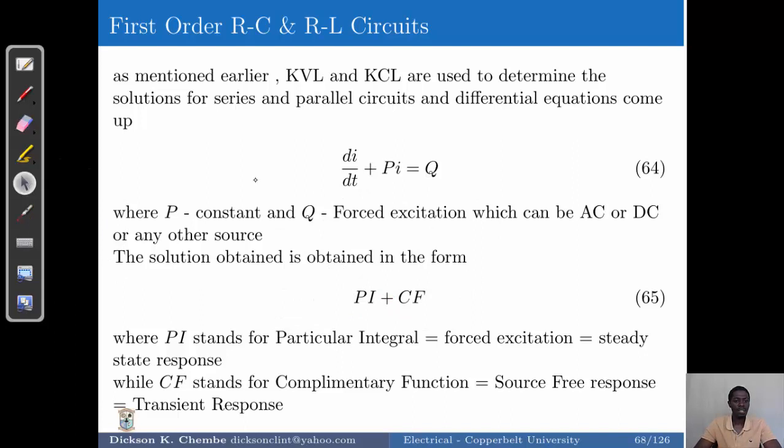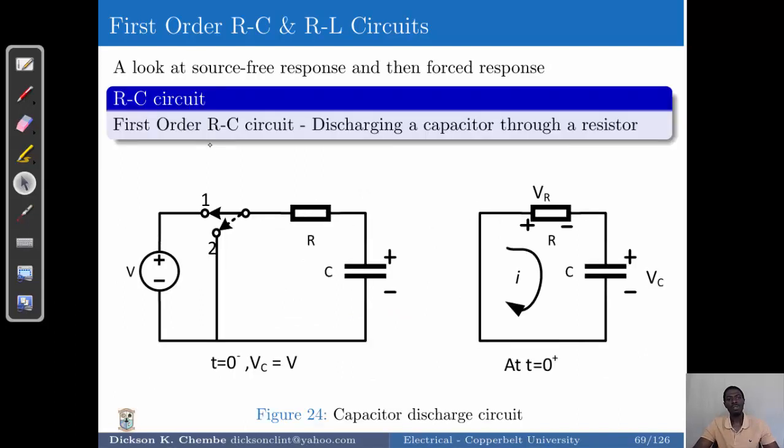So let's look at the first order RC and RL circuits. I'll begin by looking first at the RC circuit. In this case, we're looking at a circuit where the switch has been on position 1 for a long time. This implies that current has been flowing into the circuit, and the capacitor initially is going to act as a short circuit until it is fully charged.